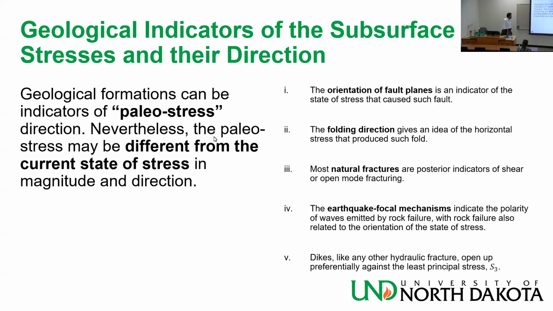Dikes are basically hydraulic fractures made by molten rock. The way the magma breaks the rock and pushes through is basically what we try to do with our fluid during hydraulic fracture treatment. So batholiths, dikes, this kind of stuff, are tensile failure.